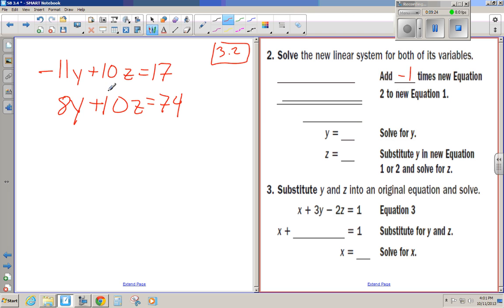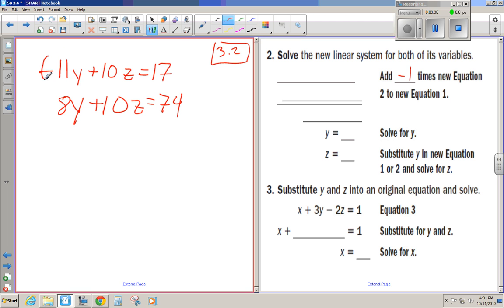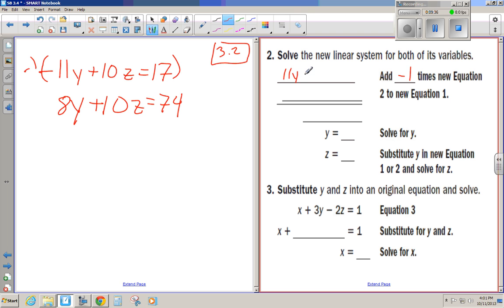I don't know which one is equation 1 or 2, but let's multiply the top one by negative 1. That becomes 11y minus 10z minus 7, or equals negative 17.